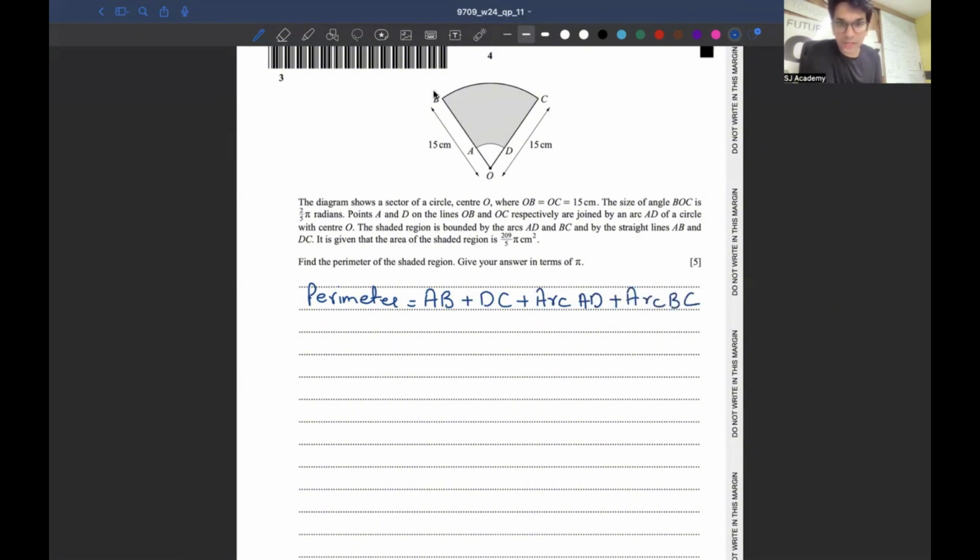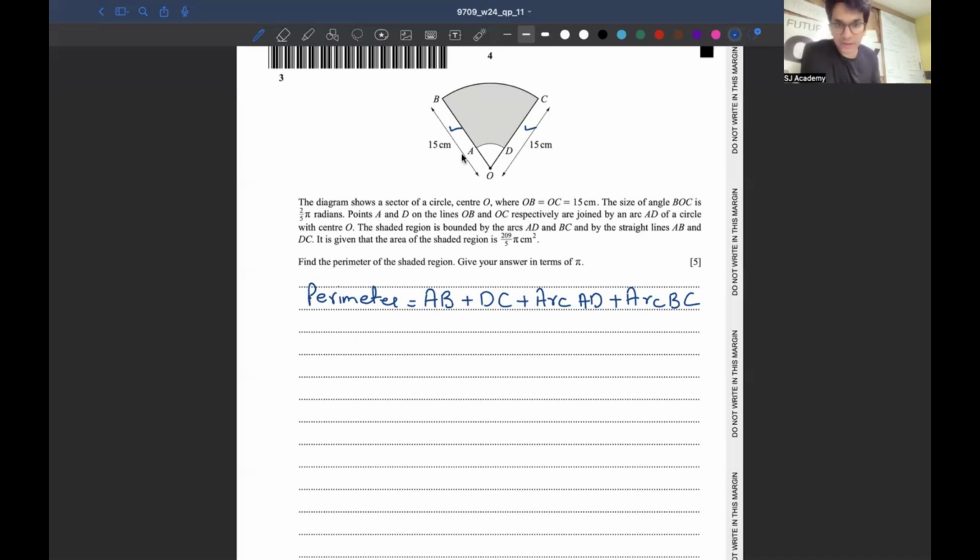To find the length of AB, first we need to find the length of OA, and then we'll be able to find AB as well. Once we have this length, we know that AB and DC will be equal. And once we have OA, we can find the arc length AD as well. Then we can directly find the arc length BC using the formula S = rθ.